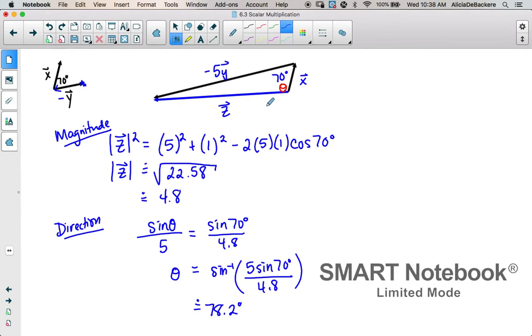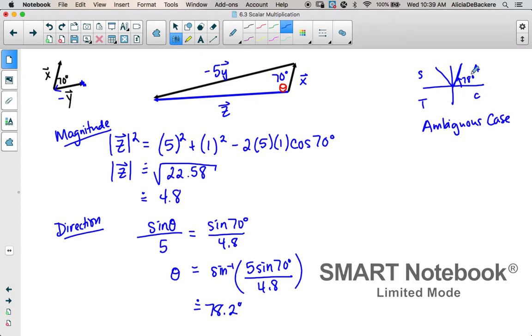And so what I'm going to do is realize that the CAST rule, it's giving me this angle here of 78 degrees, but what I actually want is an obtuse angle, and the sine ratio is positive for an obtuse angle, and that's why your calculator gets mixed up, and we call this the ambiguous case in grade 11 math. Right?